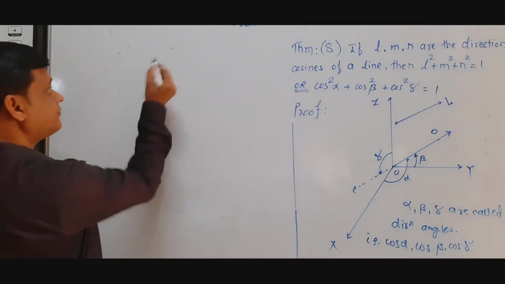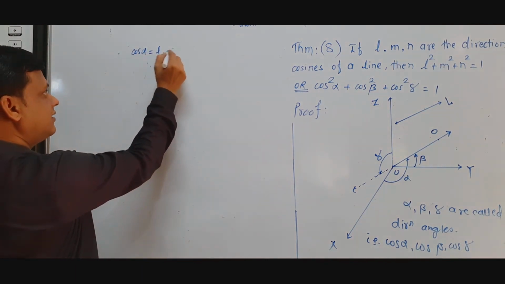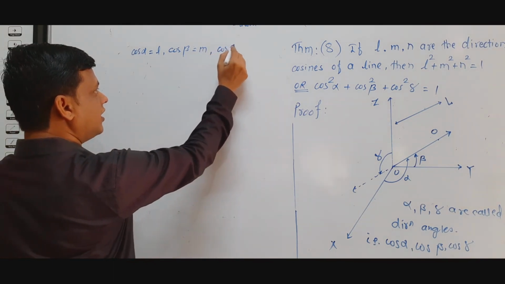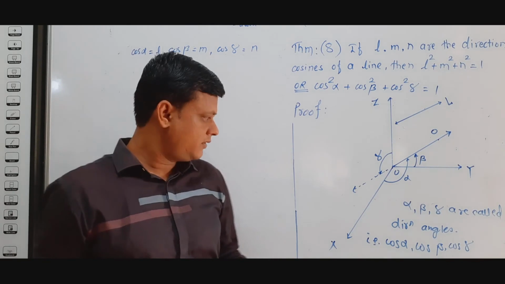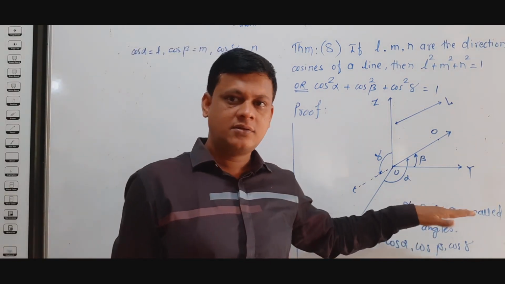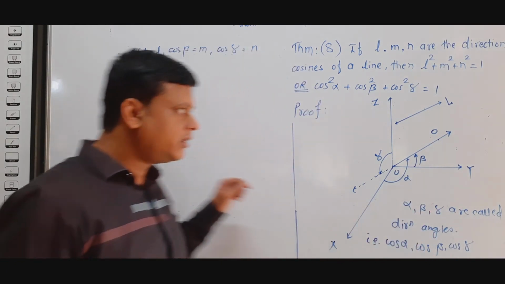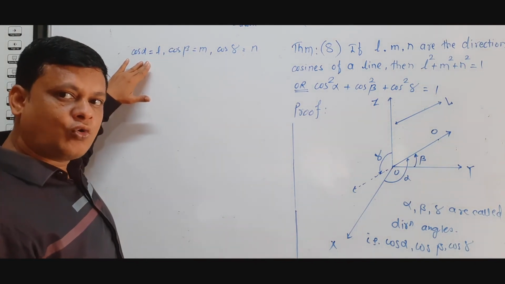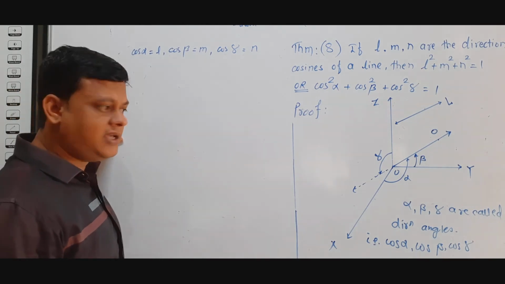Here cos alpha is denoted by L, cos beta by M, and cos gamma by N. So in this way, if alpha, beta, gamma are the direction angles and we measure them in cosine ratio, then those cosine ratios are called the direction cosines of the line.